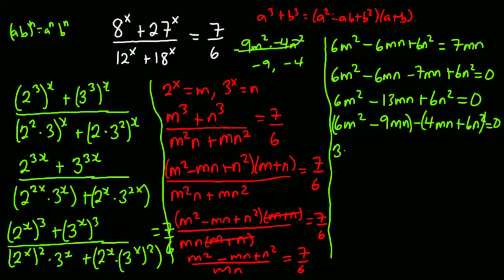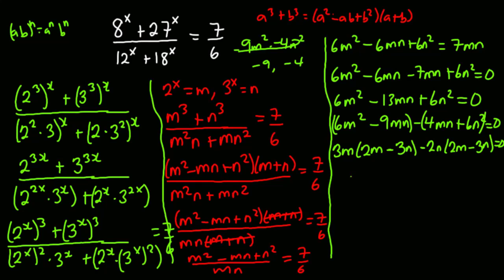So this gives us 3m into bracket 2m minus 3n, minus, over here we can factorize 2n out, so 2n into bracket, we'll be left with 2m minus 3n, and this is equal to 0.